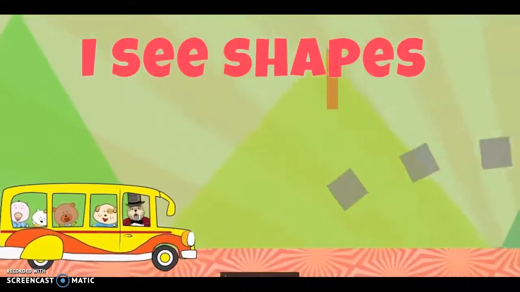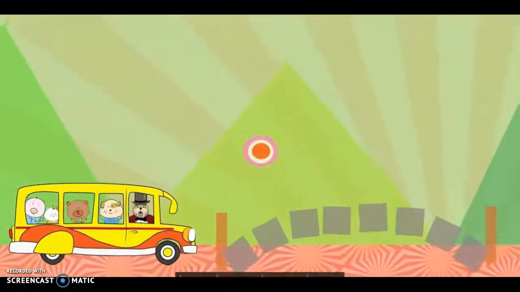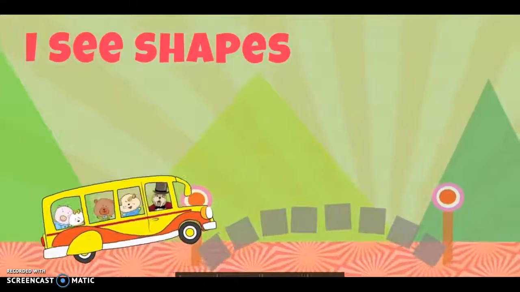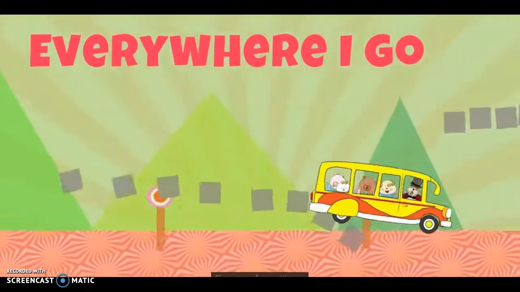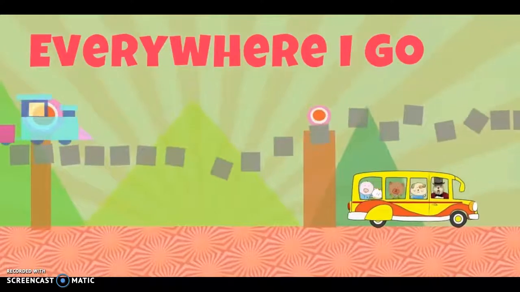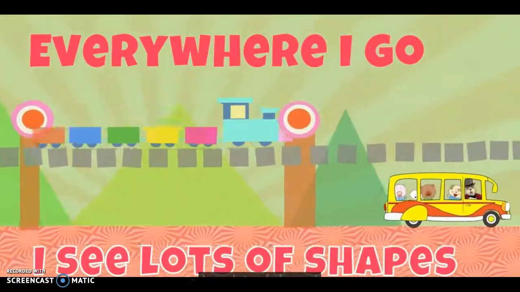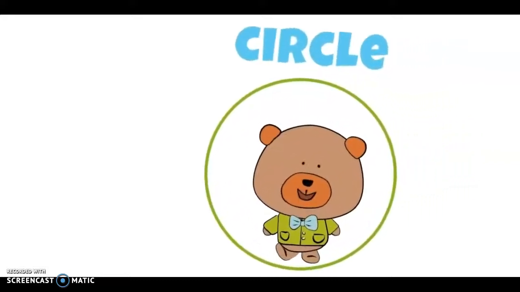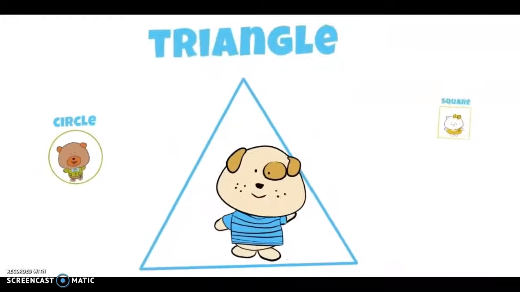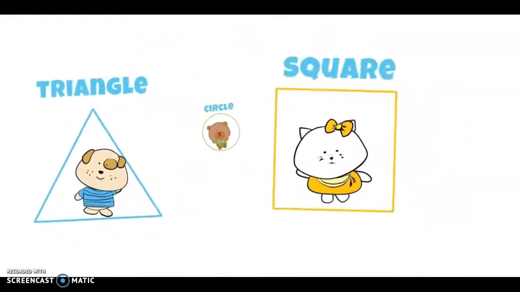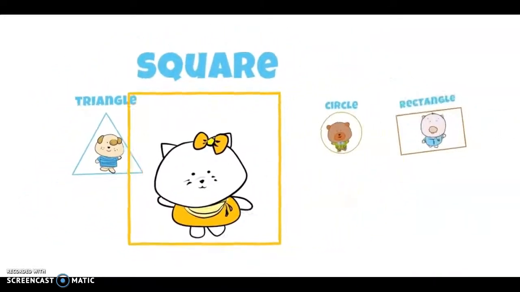I see shapes. I see shapes, shapes, shapes. Everywhere I go, I see lots of shapes. Circle, circle. Triangle, triangle. Square, square. Rectangle.